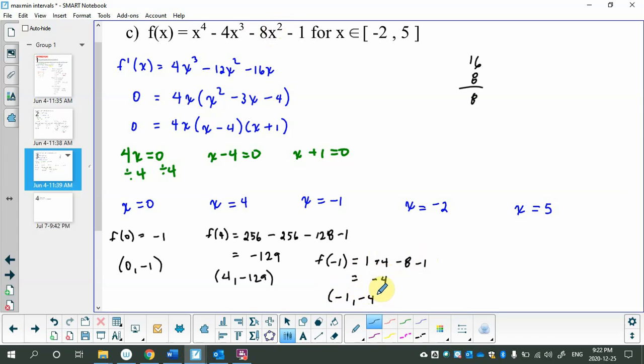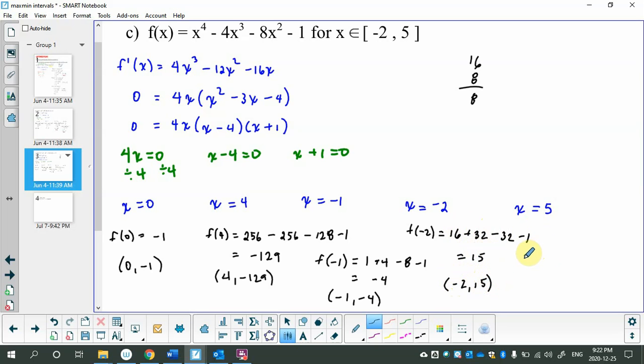Input, output. F at negative 2. Negative 2 to the 4th is 16. Minus 4 times negative 8 is plus 32. Minus 32 minus 1, so that's 15. I'm really hoping I get this right.